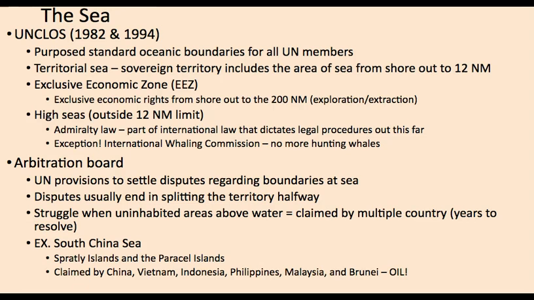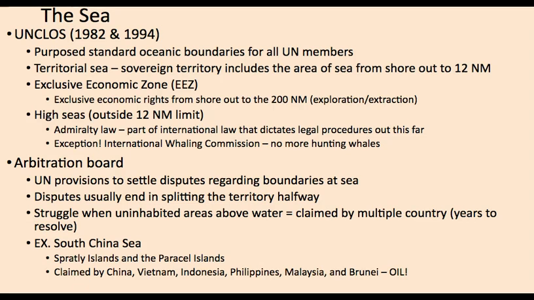How is it that the UN handles this? They have a board set aside. It's a specific part of the United Nations that settles disputes regarding the boundaries at sea. Usually what ends up happening is that the dispute just gets a line drawn down the middle and halved, to make it simple. It struggles though when the areas under dispute are uninhabited above the water, so it's claimed by multiple countries. It takes years to resolve those kinds of issues. They're very complex.